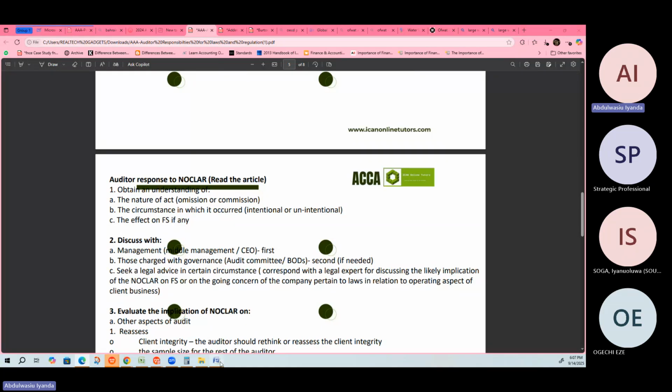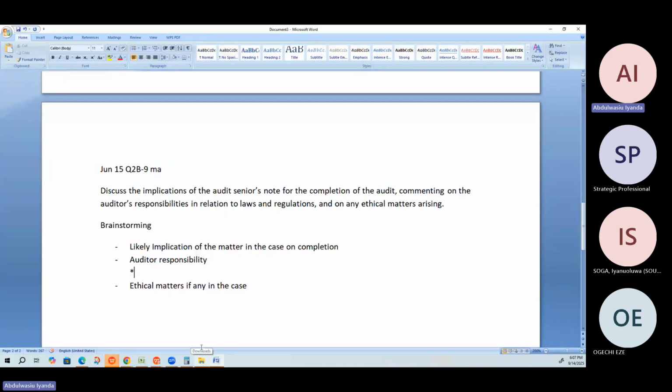So the first thing I can say is that the auditor needs to understand the law and regulation applicable to the group. That's the first thing.